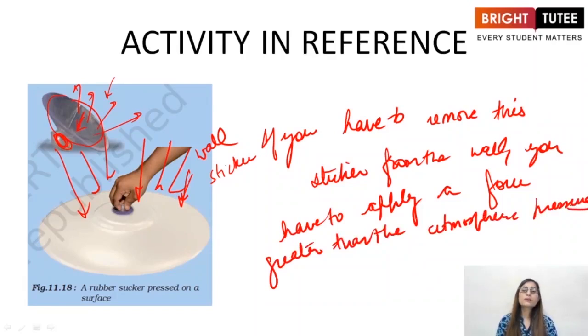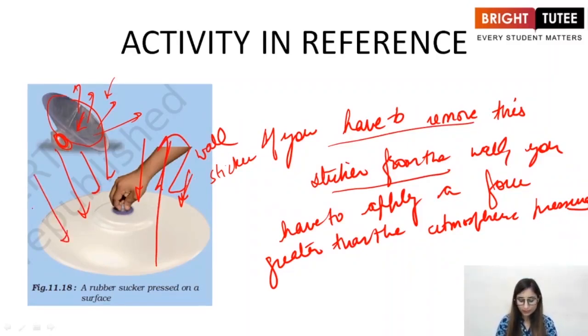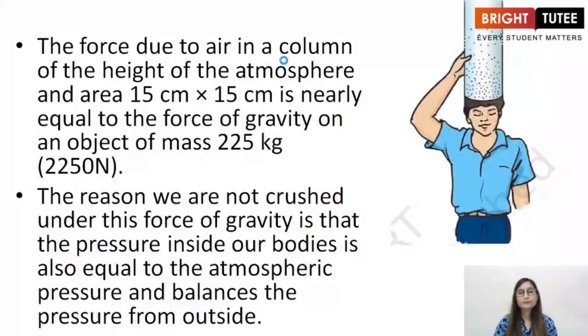So what does the statement say? It says that if you have to remove this sticker from the wall, then you have to apply a force greater than the atmospheric pressure so that you can remove the sticker from the wall, because the force acting on it is actually atmospheric pressure, which has a good magnitude that we will be studying now.